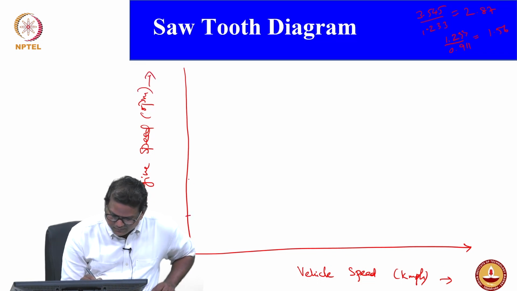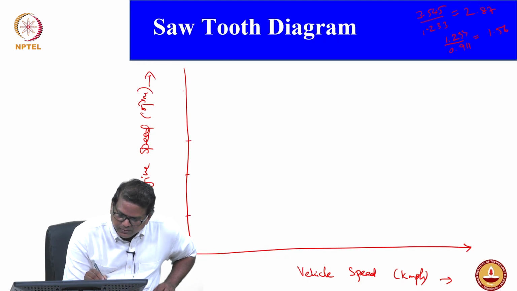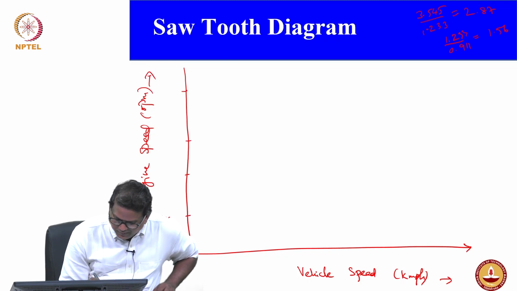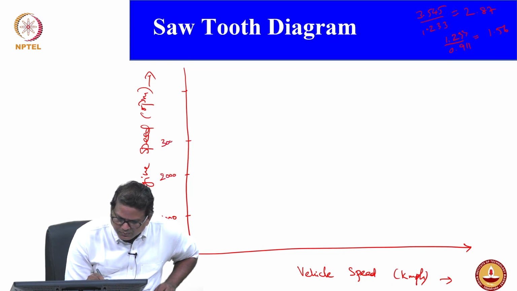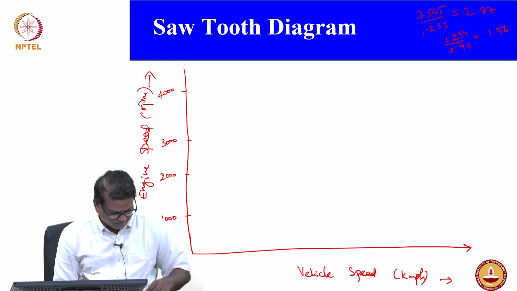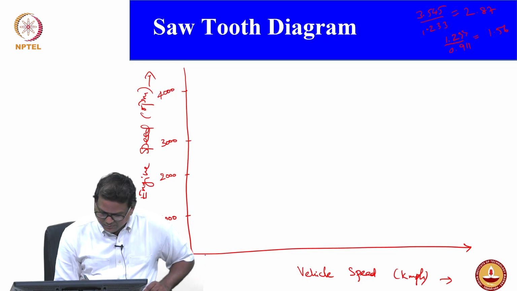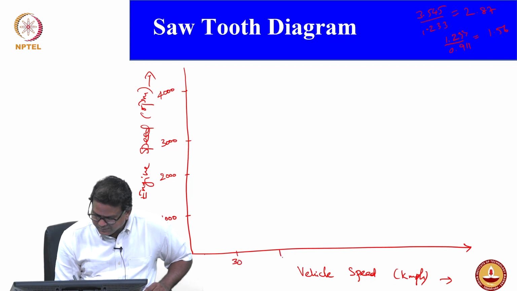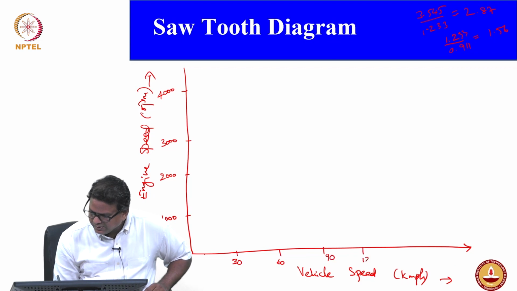So 1, 2, 3 and 4. So this is 1000 RPM, 2000 RPM, 3000 RPM and 4000 RPM. Okay. Then here 30 kilometer, 60, 90, 120, 150 and 180.